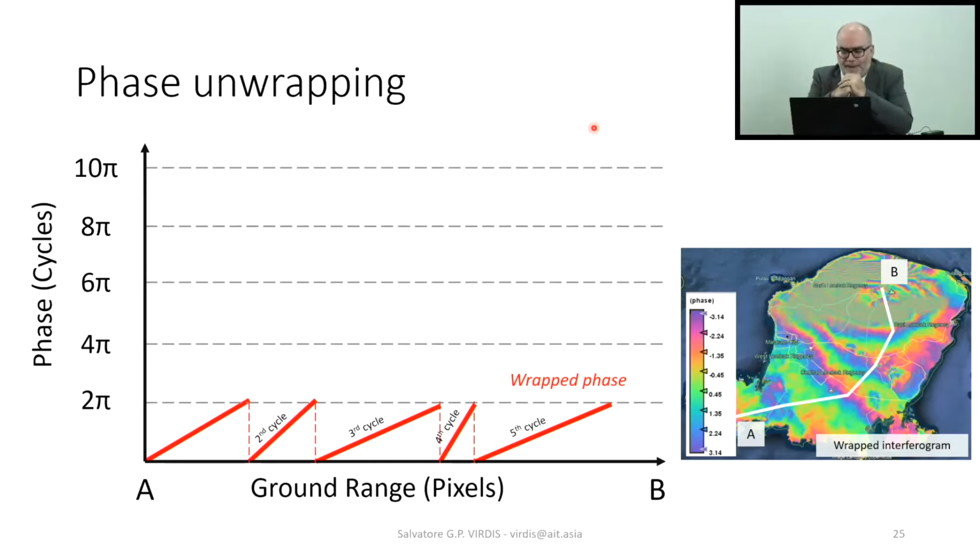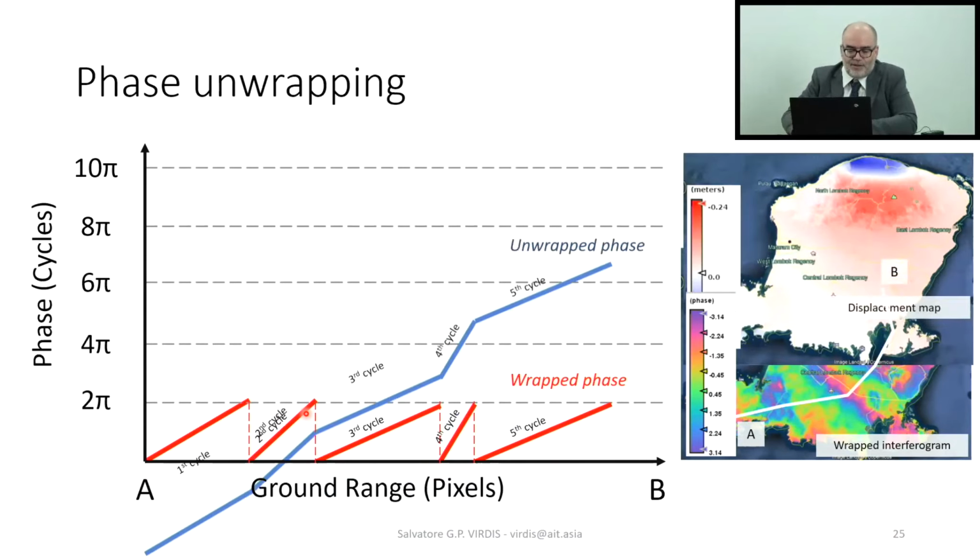So if we make an ideal section from point A to point B, we can count the variation of cycles and we can plot in space this variation of cycles. So we have 0, then we reach 2 pi, and then we start from 0 again up to 2 pi. So what we do by counting the number of fringes and by adding to every full cycle 28 millimeters is just doing this exercise.